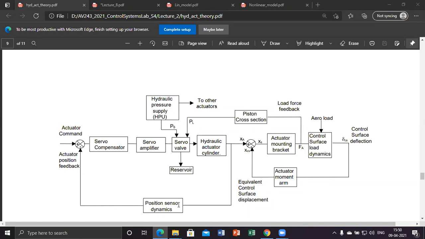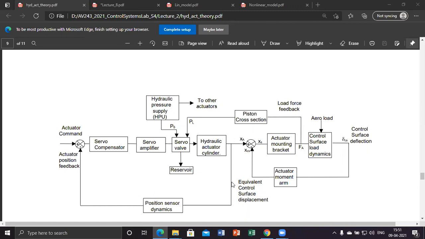For that purpose, we use something called phase sensitive demodulator. And the phase sensitive demodulator will have frequency content of twice the carrier frequency that we have to remove. For that purpose, we have to use a low-pass filter. And that low-pass filter dynamics we have to put in the feedback path. You have studied G S H S. The H S is nothing but here the filter dynamics of the demodulator.